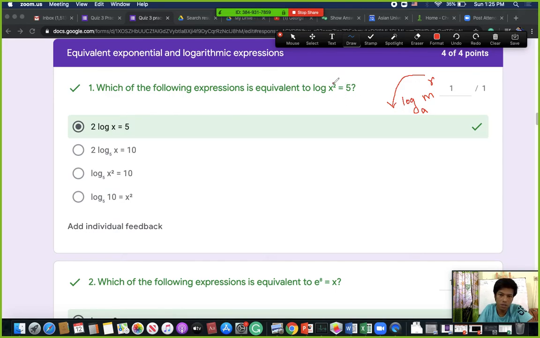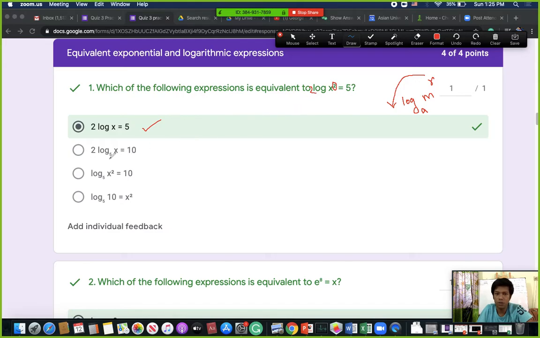So this power 2 will come here. So it will be 2 log x equal to 5, which is correct here, because the power will come in the front. This is the property of logarithm.